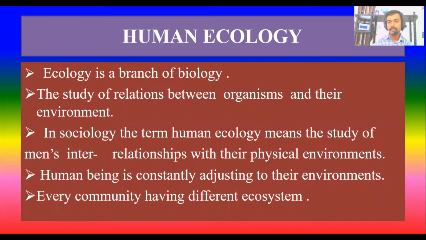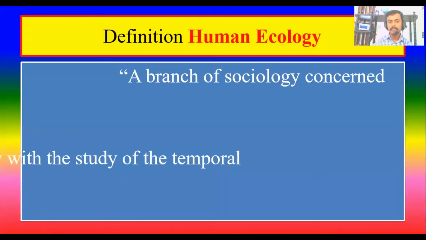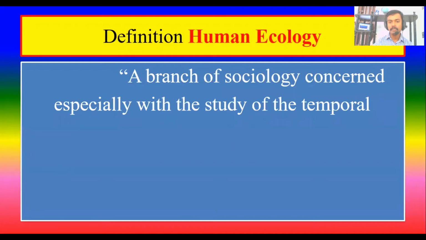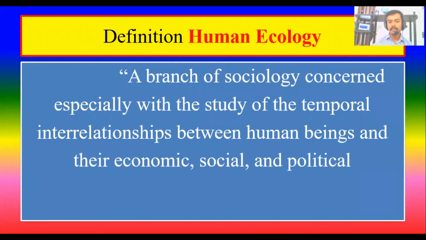Cities, urban areas, may be unnatural, created by humans, with degradation of the environment. Define human ecology: a branch of sociology concerned especially with the study of the temporal interrelationship between human beings and their economic, social, and political organizations.